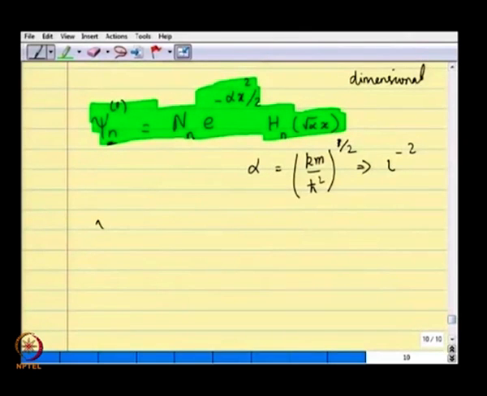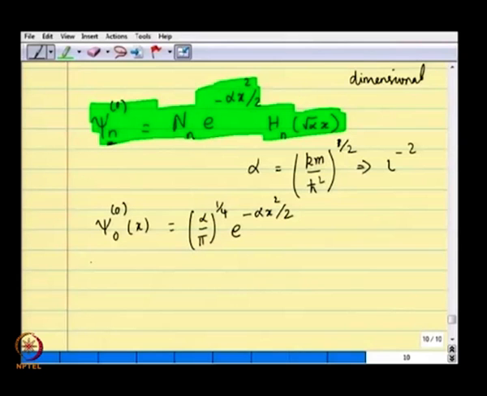The lowest energy solution we will write down, which is psi 0 0 of x. The normalization constant turns out to be alpha by pi to the 1 by 4. The Hermite polynomial when n is 0 for all arguments is 1, therefore, all that you have is e to the minus alpha x square by 2.